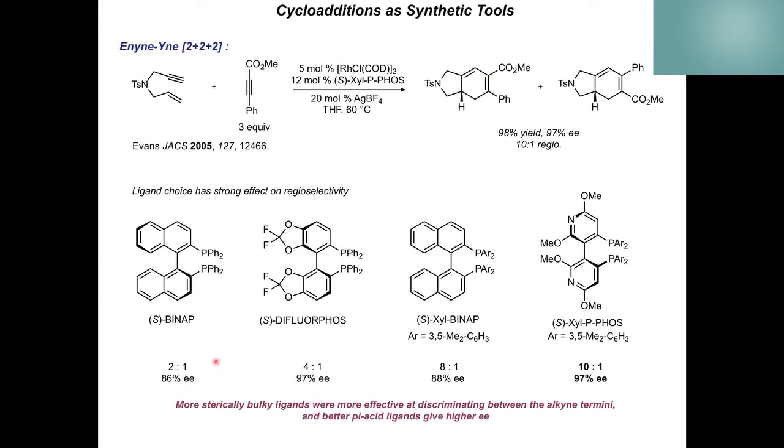And so one of the two sets of comparisons that they're able to make is that by the inclusion of more sterically bulky groups, they tended to see an increase in the regioselectivity, indicating that regioselectivity was predominantly determined by the steric clashing of the substituents on this alkyne. But then also that the incorporation of electron withdrawing groups, making these ligands more pi acidic, actually increased the enantioselectivity.